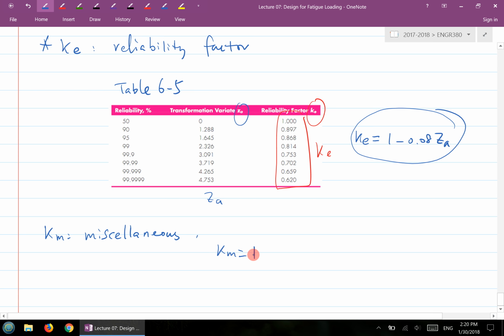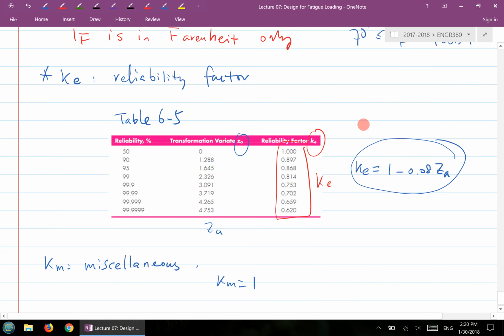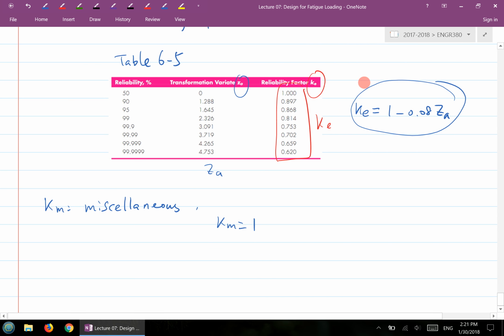So that basically is all the Marin factors that we're talking about right here. You have KA, KB, KC, KD, KE, and KM.